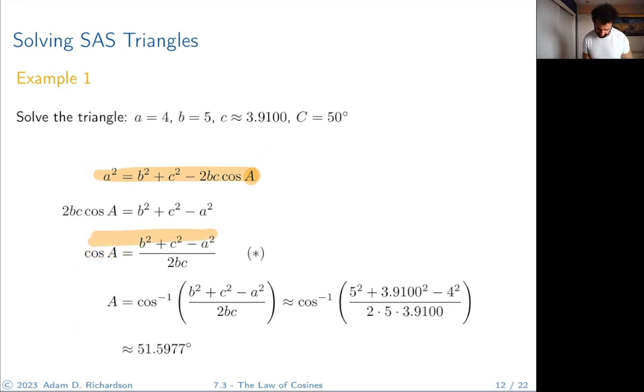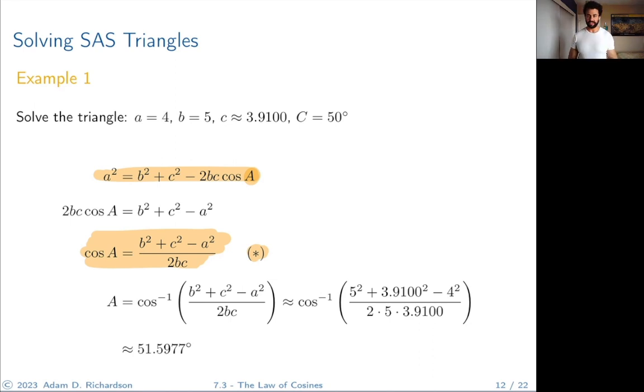This is what I get here for cosine of A. I starred this equation because we're going to use it again in the next example, so we won't have to rederive this. Cosine of A is b squared plus c squared minus a squared, all divided by 2bc.